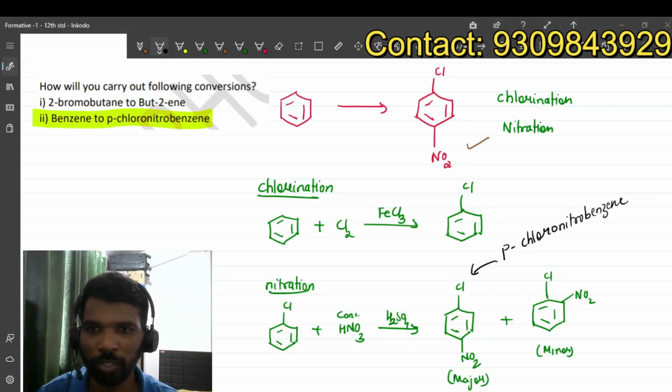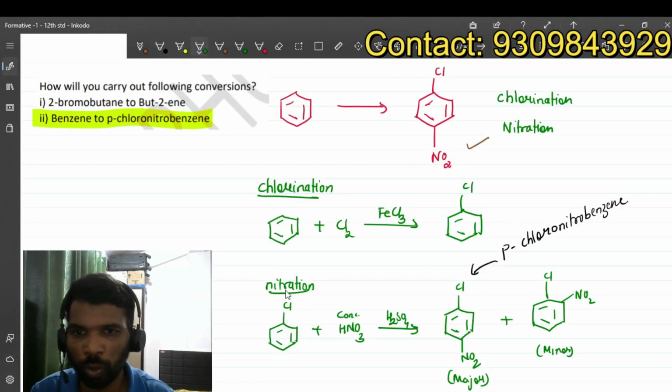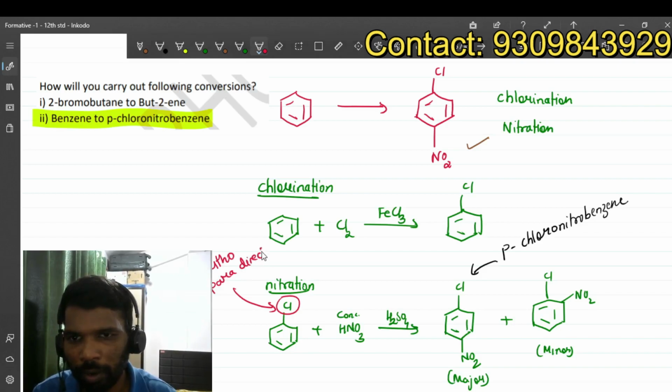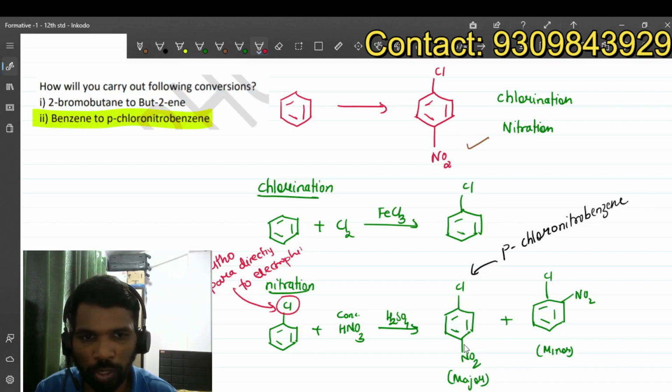One thing I did not discuss is why it is ortho and para: because the chlorine group which is attached is ortho-para directing to the electrophile. Incoming electrophile will go either at the ortho or at the para position. So this is the para position and this is the ortho position. So that's it.